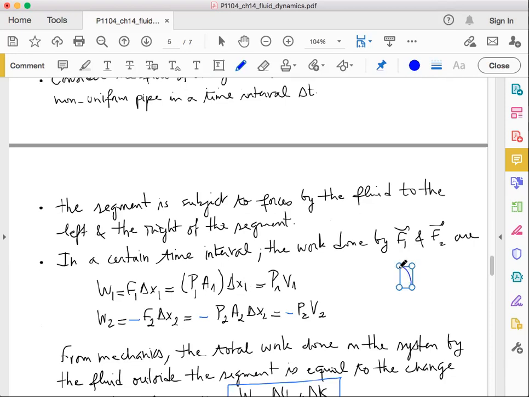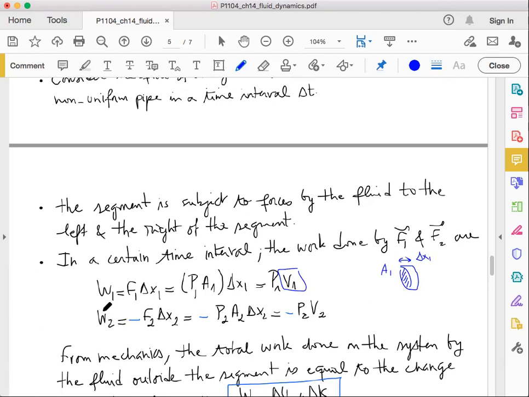If you have a look at this portion, A1 times delta x1 is nothing else than the volume of this sample. This is the cross-sectional area, and that is the height of this cylinder, so A1 times delta x1 is the volume.